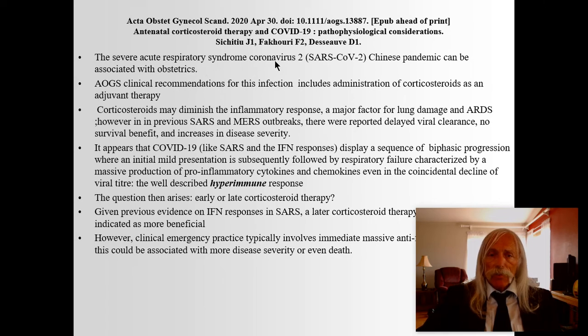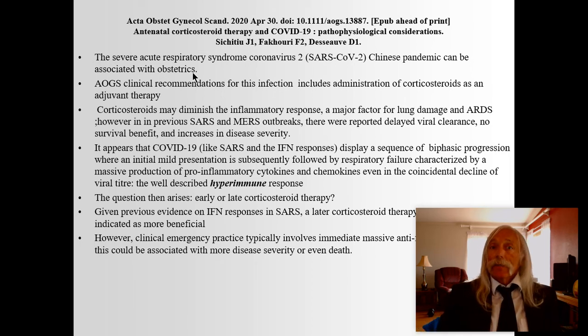Okay. Severe acute respiratory syndrome coronavirus, the Chinese pandemic, can be associated with obstetrics. So that is something to consider. People are pregnant during this so-called pandemic. So clinical recommendations from the AOGS for this infection include administration of corticosteroids as an adjuvant therapy. Okay? We know this because it's a hyperimmune response from having this infection, right?